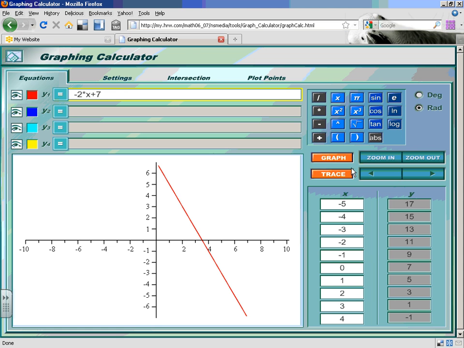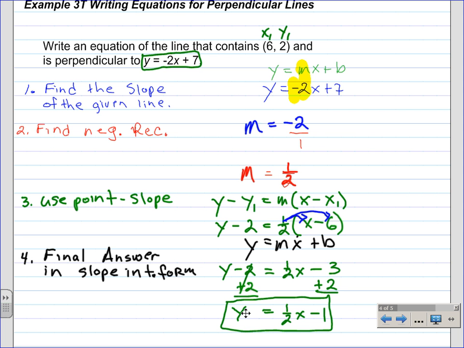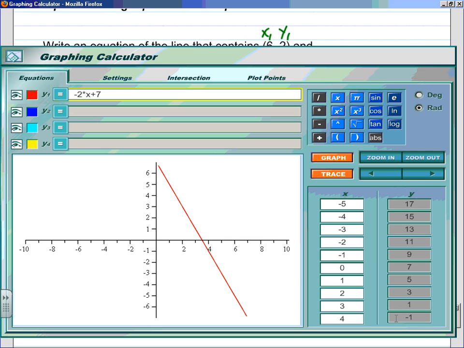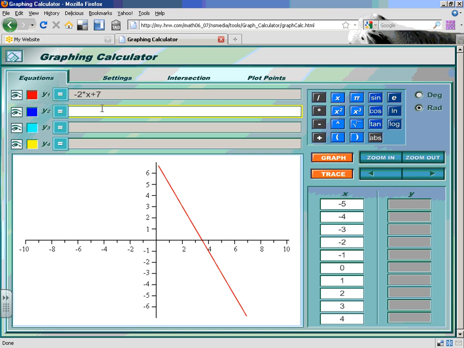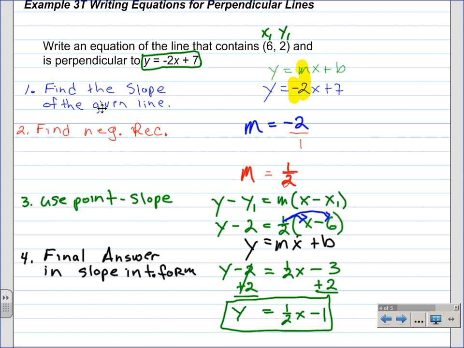Now, the other equation was down here, y is equal to 1/2 x minus 1. When you put this fraction in, you're going to want to put parentheses around it: 1 divided by 2, close the parentheses, and then times your variable x, and it was minus 1. Let's go look, I forget. Yep, minus 1.